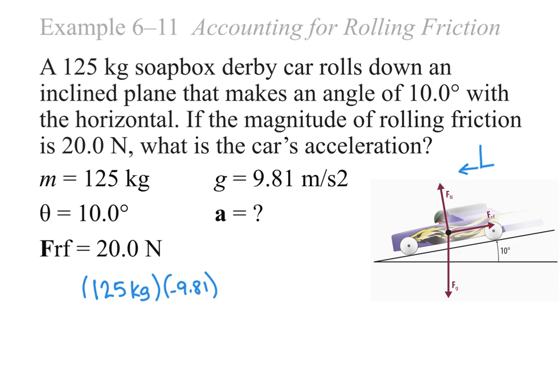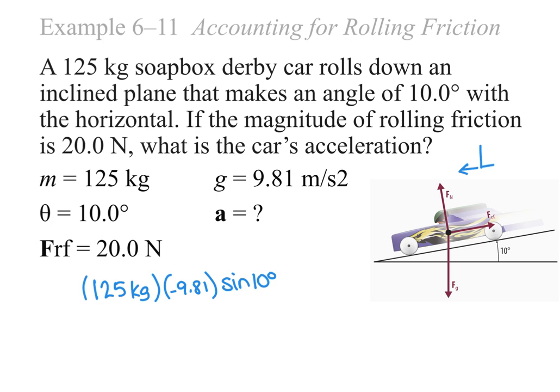And that is being multiplied by the sine. Remember that parallel now when we draw that right triangle is going to be the sine of that degree that they've given us, which is 10 degrees. That's one of the forces working on it. One of the forces working on it is rolling down a hill. That's gravity. Gravity's working on it.